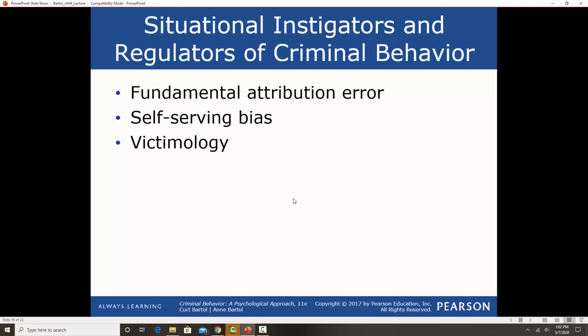The fundamental attribution error or bias is very popular in psychology. It's called fundamental because it happens so much. We humans tend to view behavior as being the result of internal or dispositional factors, personality, and completely ignore the role situational factors could play.